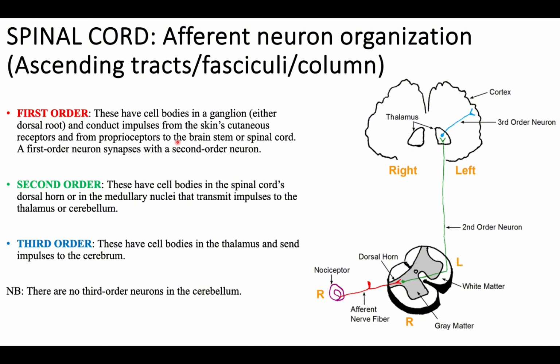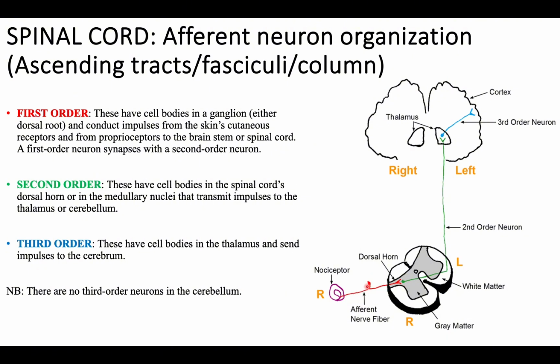All that this is saying is that the first order neuron has its ganglion in the dorsal root, what we usually call the dorsal root ganglion when we are looking at spinal nerves. That is what is picking impulses from the skin or proprioceptors, that is the muscles and joints, and they send that information into the spinal cord.